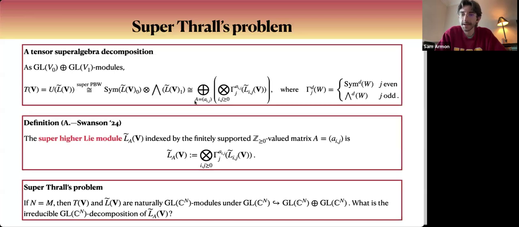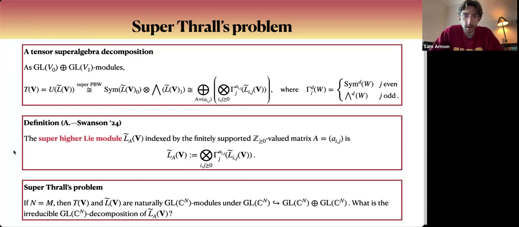And in this case, the indexing set is no longer partitions, but non-negative integer valued matrices with finite support. For each such matrix, I define this particular module, and then as A ranges over all possible matrices, I get a decomposition of the tensor superalgebra.